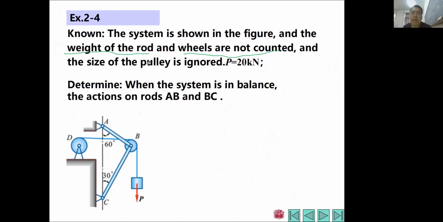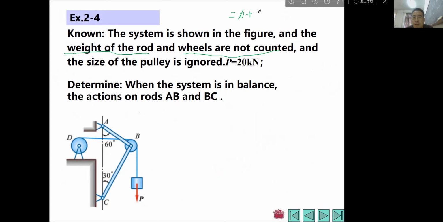So when you find a known condition telling us the weight of the rods and the wheels are not counted, you should immediately think that some rods are two-force balanced rods. In China, we call that 二力杆. Do you guys still have that impression?